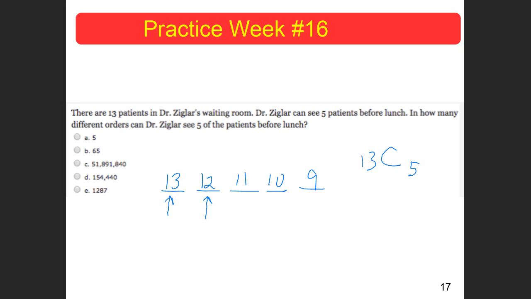Or I could have just done 13 times 12 times 11 times 10 times 9, and that, to me, was a little bit easier. 13 times 12 times 11 times 10 times 9. And I come up with 154,440, if my simplistic calculator works. Letter D.